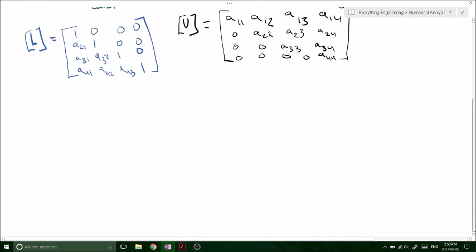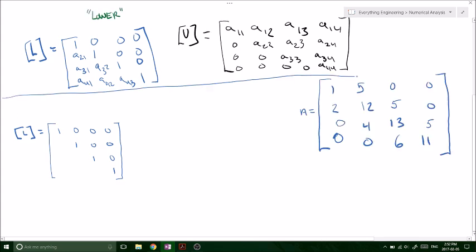So when we're solving for the upper and lower triangular matrices, we want to start out by just labeling our lower triangular matrix, and then our upper triangular matrix is what we're going to be using to solve for each individual component of our lower triangular matrix. So given the matrix A, how do we start these problems?